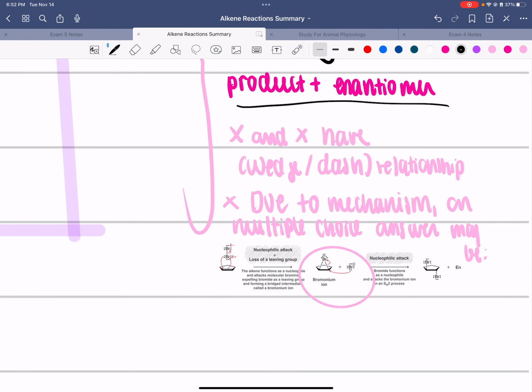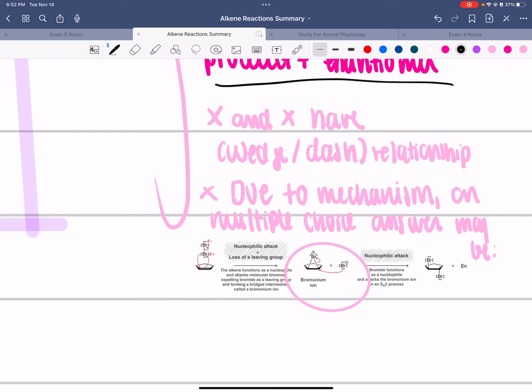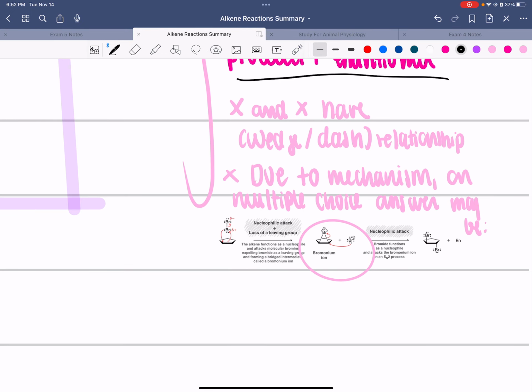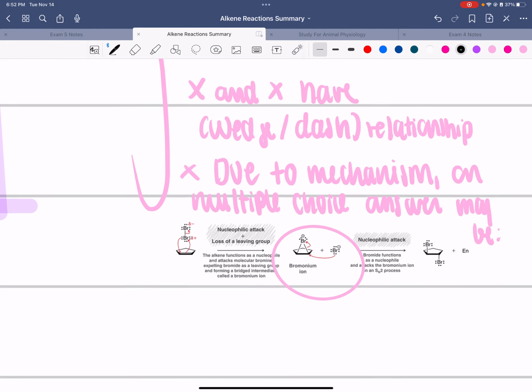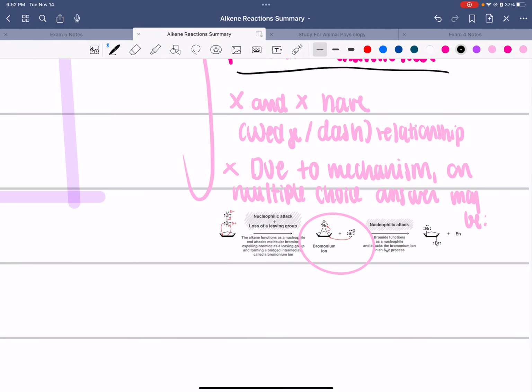And due to a mechanism on multiple choice, sometimes our answer may look like that, like what's circled here. But as long as you have the right things connected to it, I think you're able to tell.